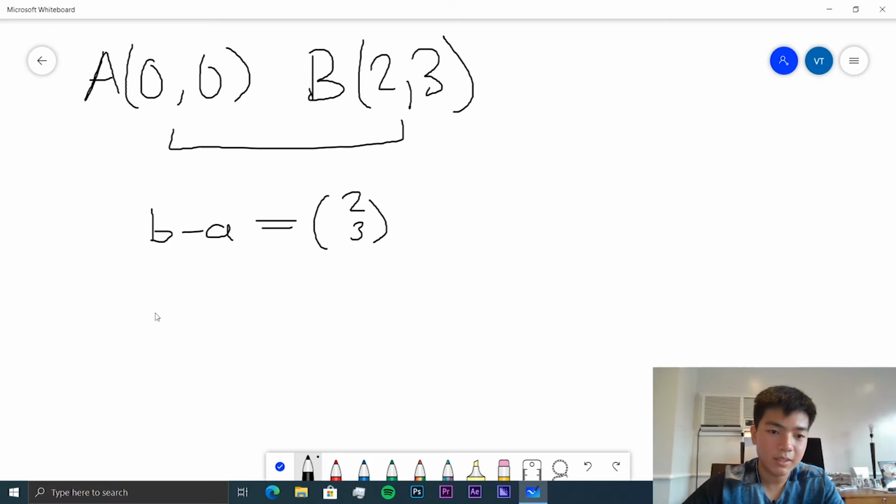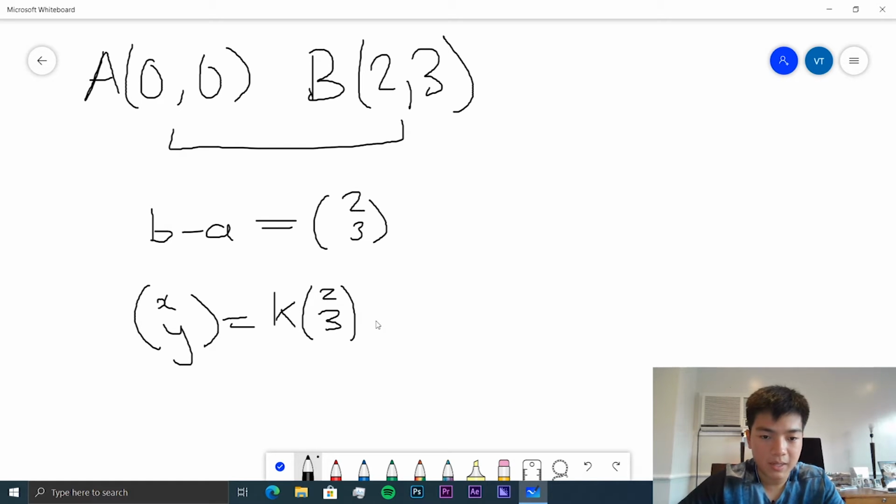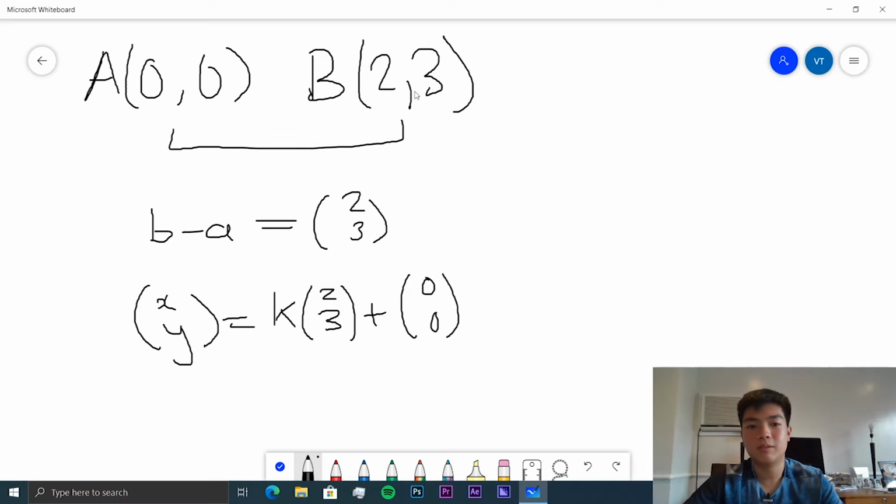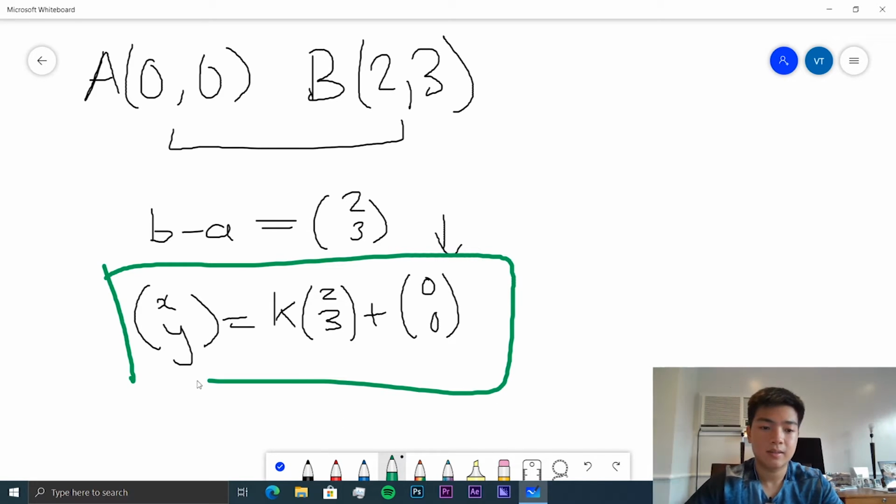Then we can simply say (x, y) is equal to k times (2, 3) plus one of the points. In this case, I'm going to pick (0, 0), so it's simply plus (0, 0). It's the same thing if we put (2, 3). We just need to put any point on the line in this other vector. So this is correct.